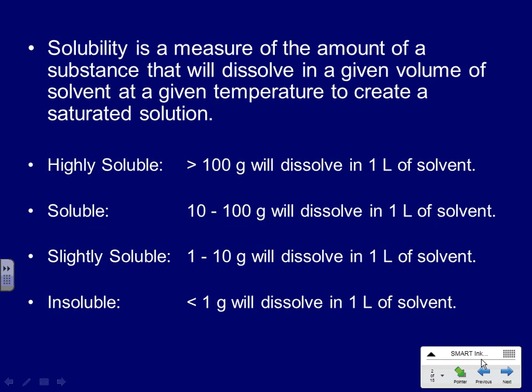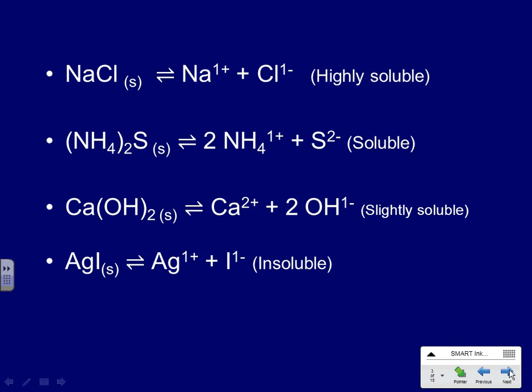We had terminology like highly soluble or slightly soluble and insoluble. We can use those terms again qualitatively to describe a substance. But now we want to talk mathematically about how we describe solubility and how much it can dissolve. No need to write this stuff down. These are just examples of these different amounts of solubility. Sodium chloride is highly soluble.